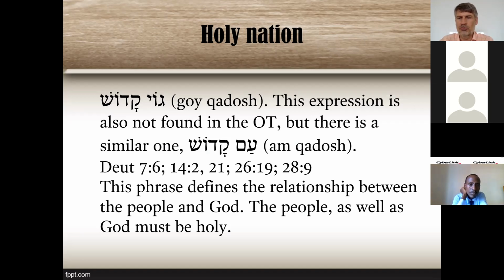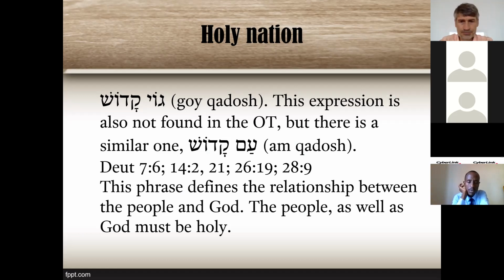For example, all of us would be Goy for the Israelites, and Am was the word reserved only for the Israelites as God's nation and God's people. But in fact, it is not true. I think that this distinction between these two terms appeared quite late, maybe in late Hebrew or even in Mishnaic Hebrew, but not in the very beginning.